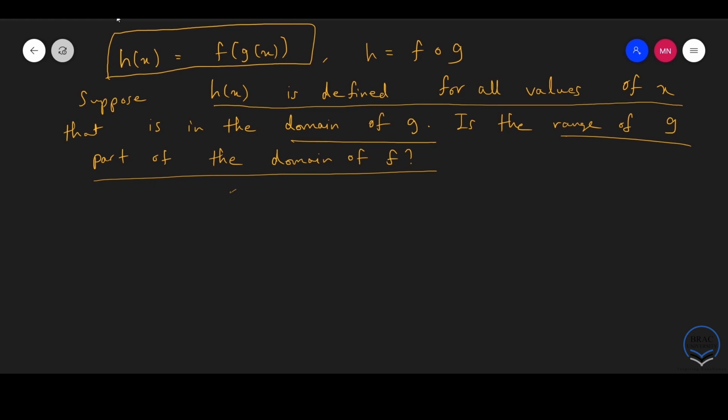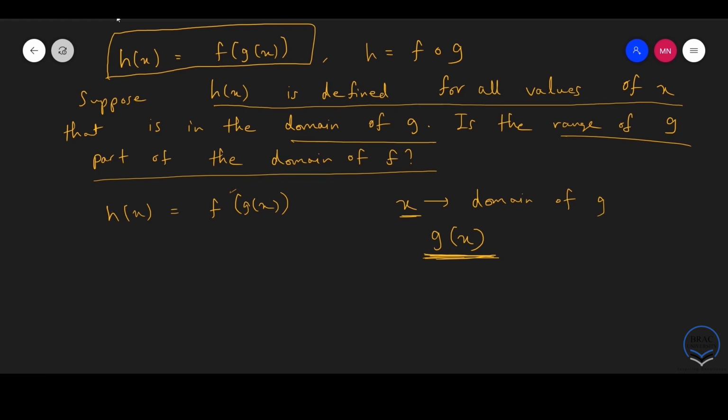Right, so we have h of x is equal to f of g of x, right? So when we consider a value of x that is in the domain of g, then if we consider that value of x as an input into the function g, we get some corresponding output g of x, right? And we know that these outputs make up the range of g, right?